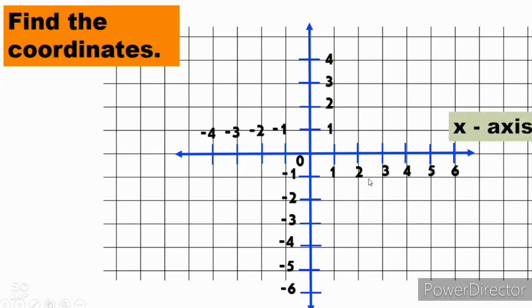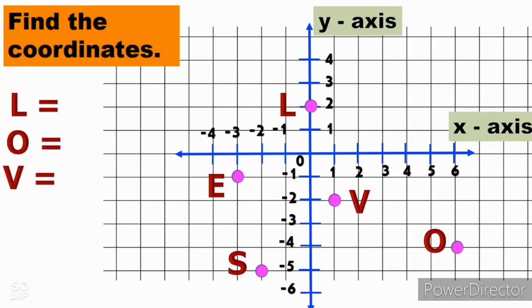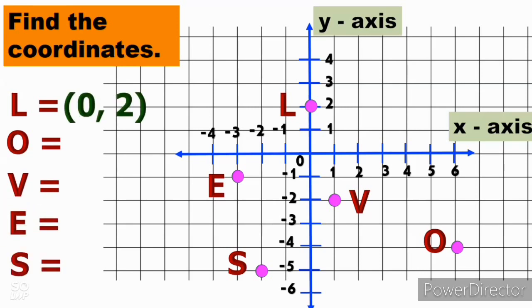Find the coordinates. Again, we have this Cartesian plane. We have the horizontal number line, the x-axis, and the vertical number line, the y-axis. First we have the point L, point O, point V, point E, point S. So we're going to find the coordinates of L, O, V, E, S. Now what are the coordinates of point L?